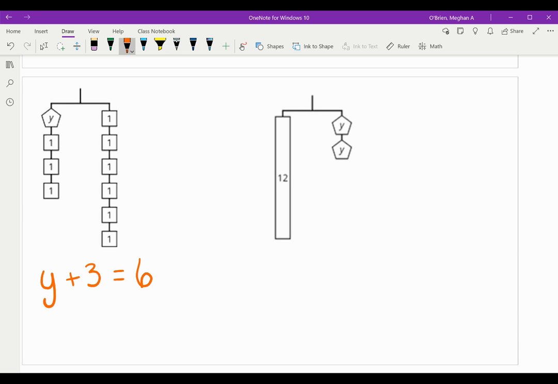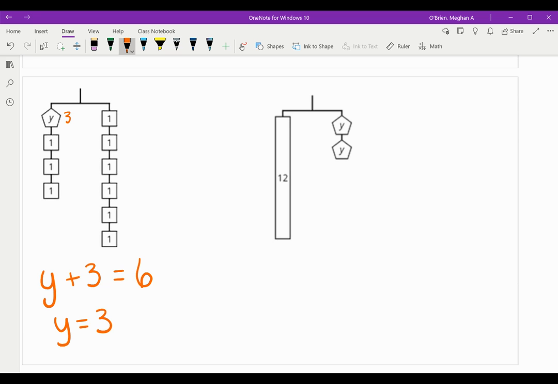What would the value of y be to make that true? You're right. y equals 3. Let's check it. 3 plus 1 would be 4, and then 5, and then 6, yeah, that would equal the other side's weight of 6.